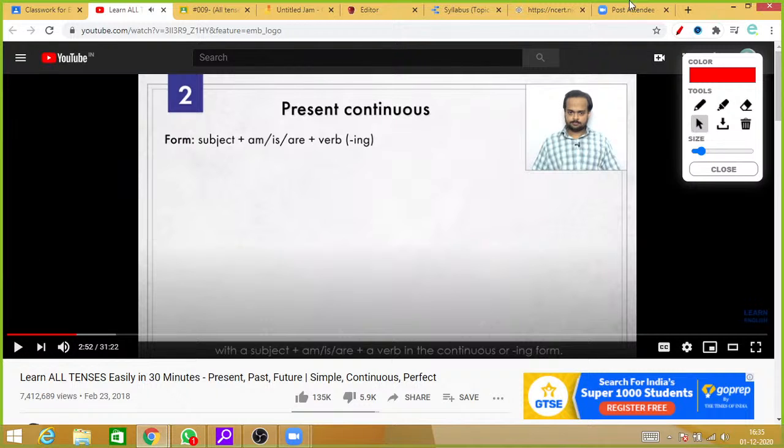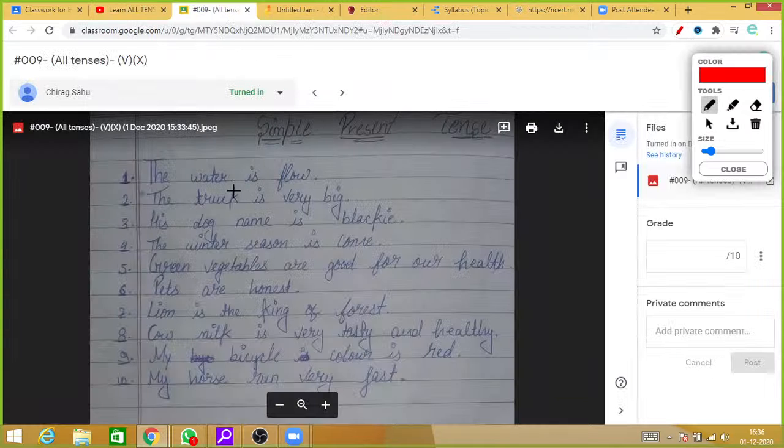See, wherever you have used this is, you have to use the present continuous tense with them, or the simple present continuous tense of the verb. Like in this sentence which you had written, I said you have to say water is flowing.